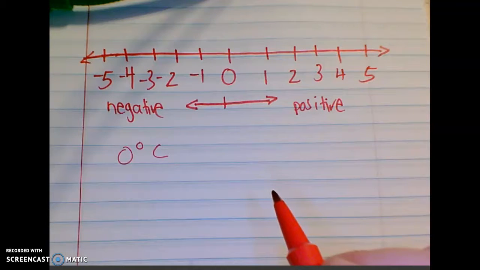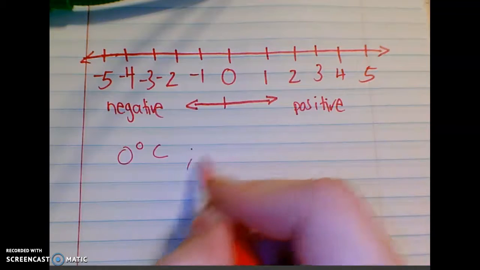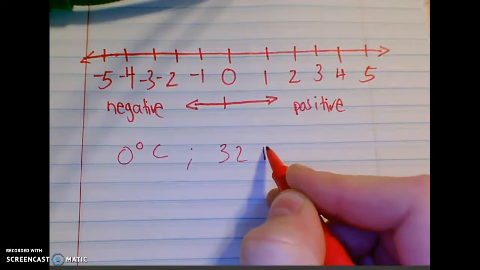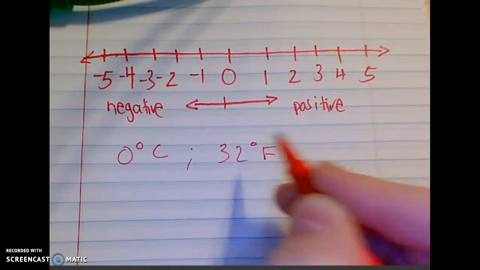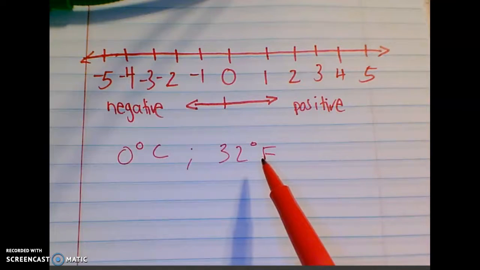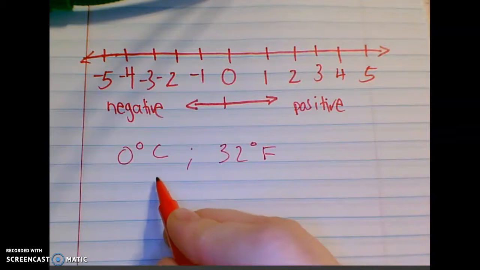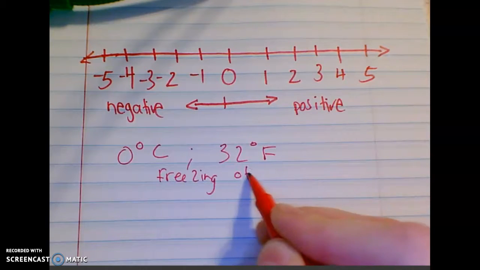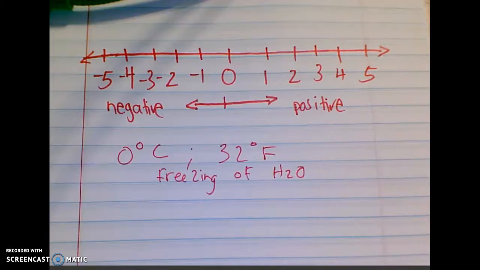What about on the Fahrenheit scale? Do you remember? 32 degrees Fahrenheit. Very good for those of you who remembered that. So 0 degrees Celsius and 32 degrees Fahrenheit, that is the freezing point of water.